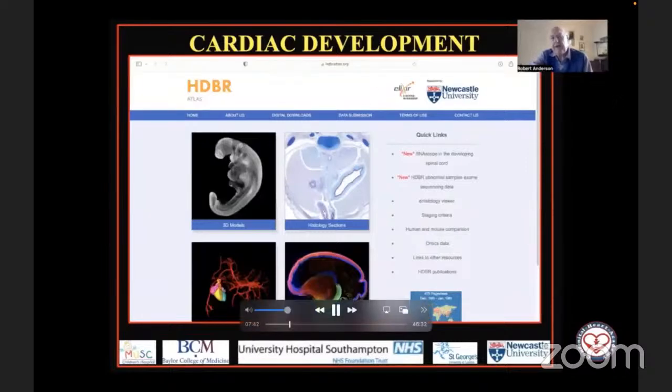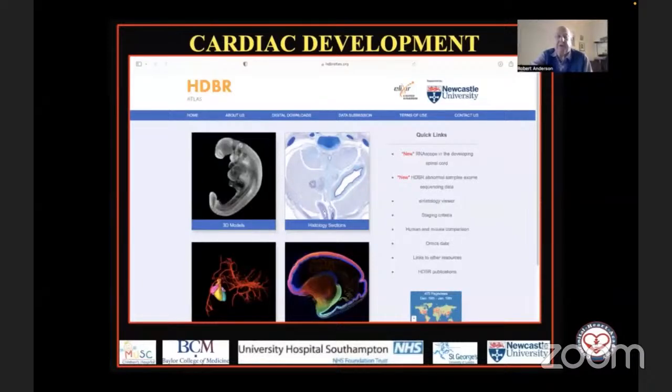You see that it's housed at the University of Newcastle. I still work in Newcastle with Deborah Henderson and Bill Chaudhry. And this is the database that Deborah now has responsibility for. It's the Human Developmental Biology Resource. It is an amazing website. And very shortly, it's going to be improved because the material it contains will be available to you through the net.